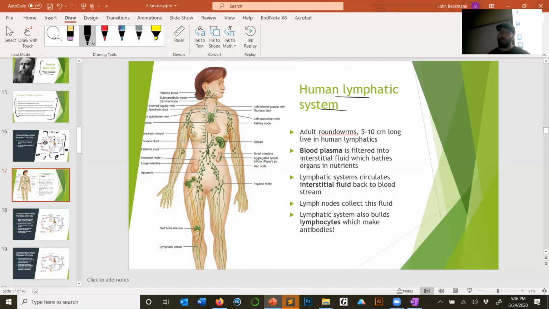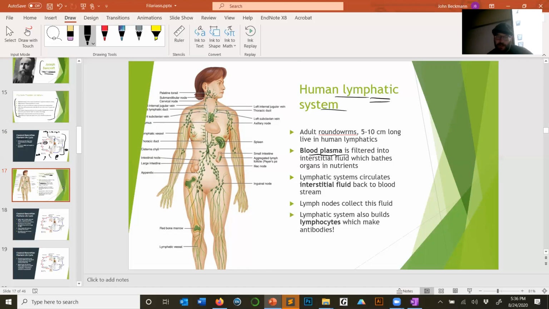The way that happens is through the lymphatic system. Its function is to collect the filtered blood plasma, the liquid cycling around in your body, pump it through the lymph system, and recycle it back into the circulatory system to be reloaded with nutrients and redelivered to the cells. And you have lymph nodes.